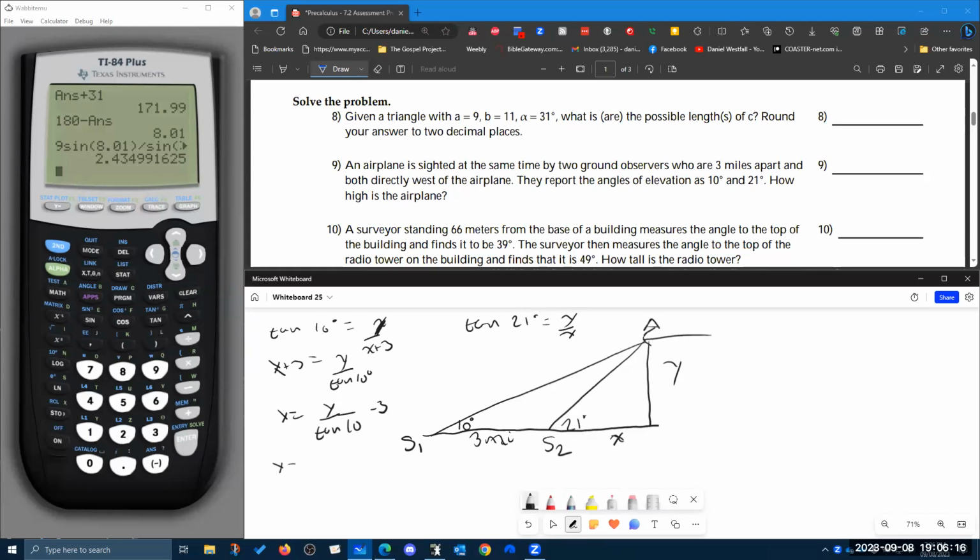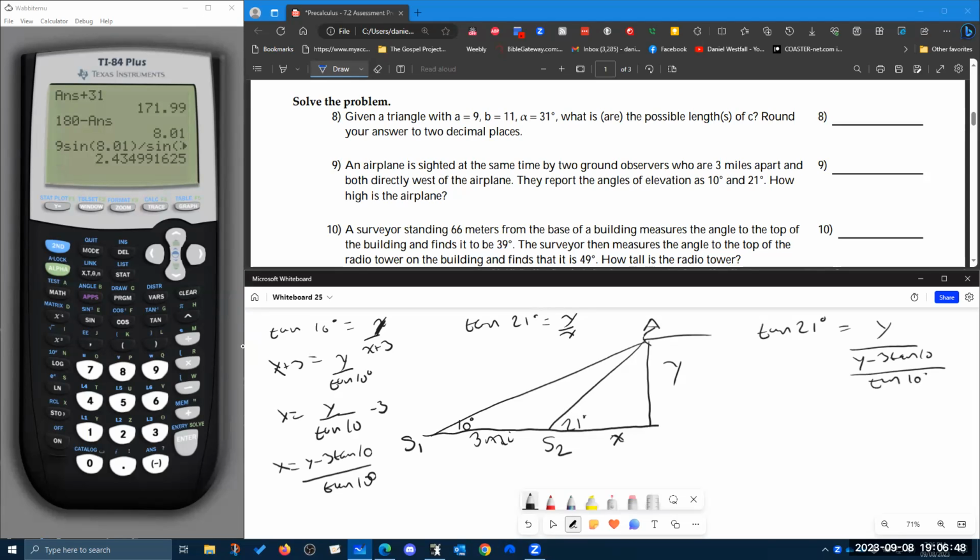So x is equal to y minus 3 tan 10 over tan 10. If I make that substitution for x, tan 21 is equal to y over y minus 3 tan 10 over tan 10.